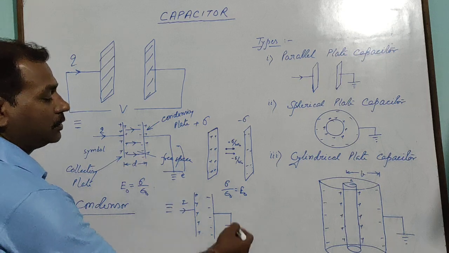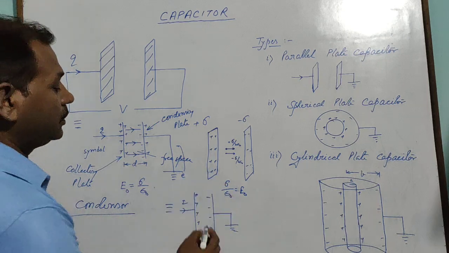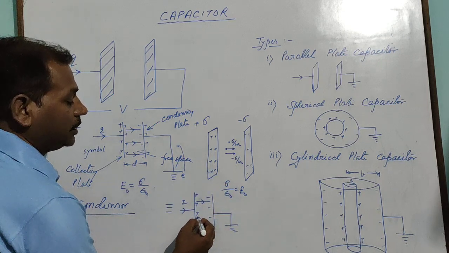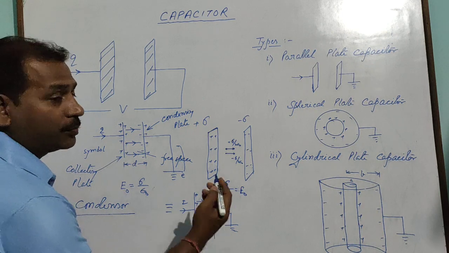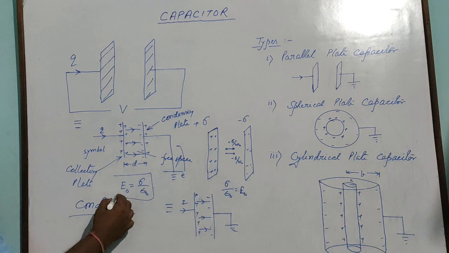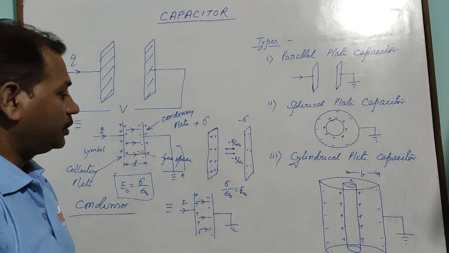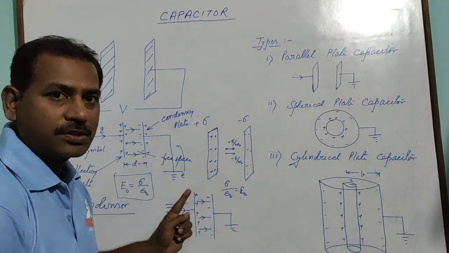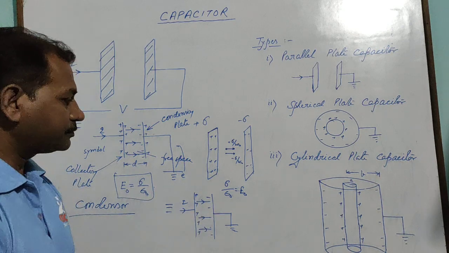This shows that the electric field is continuously acting between the two plates with magnitude equal to sigma by epsilon naught, depending upon the surface charge density of the individual plate.